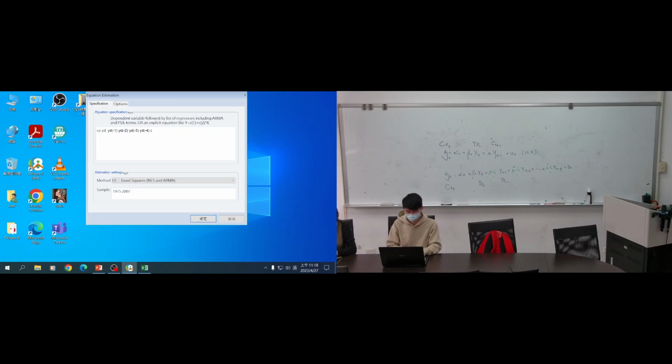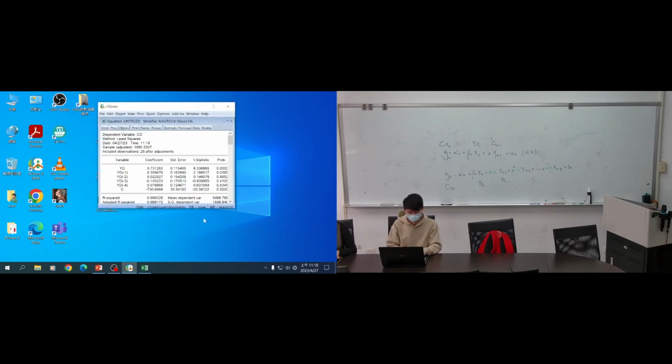So this is the equation, which you can check with our textbook. It's a little bit different, right? The constant is different, but the coefficients are not the same either.